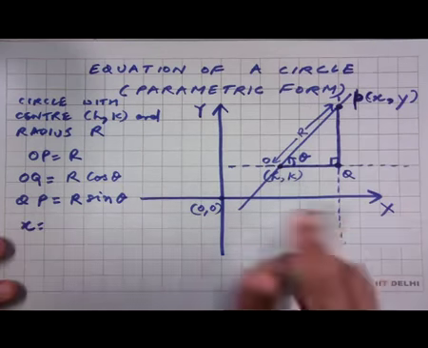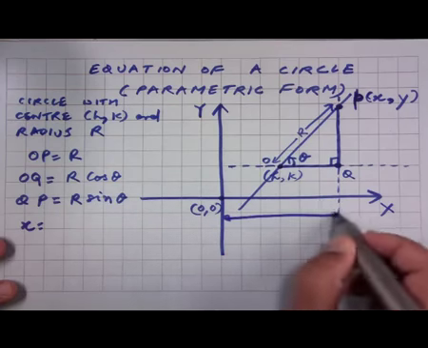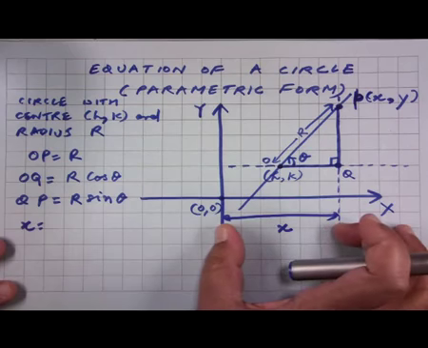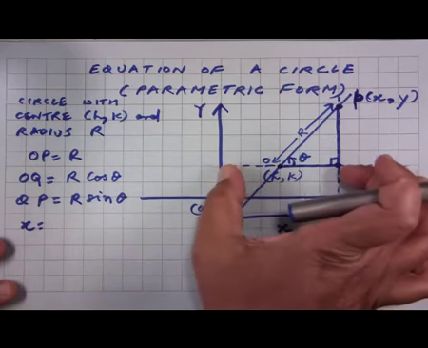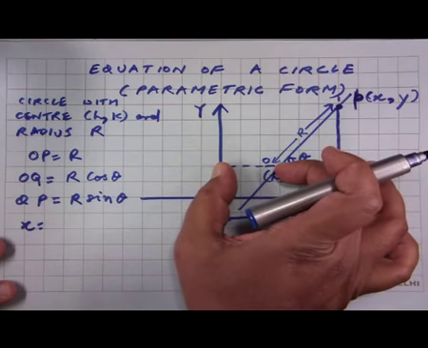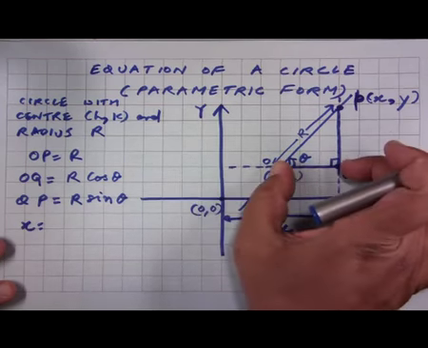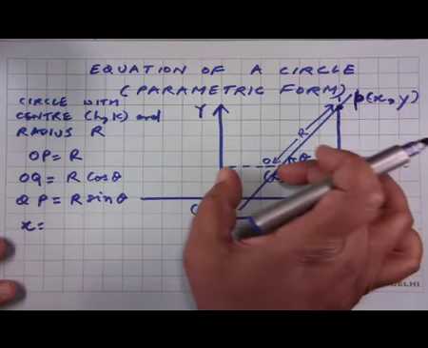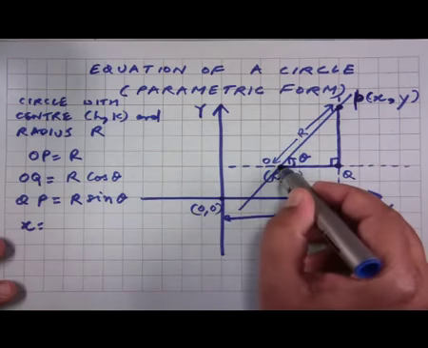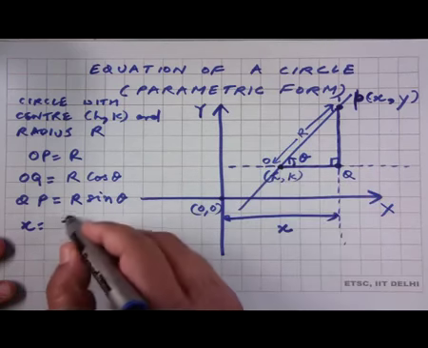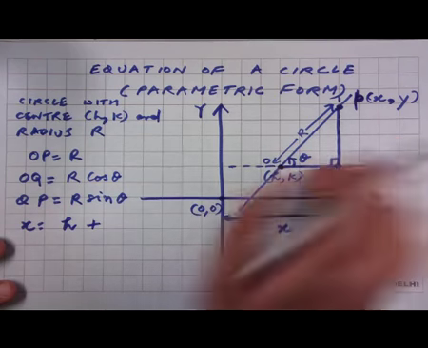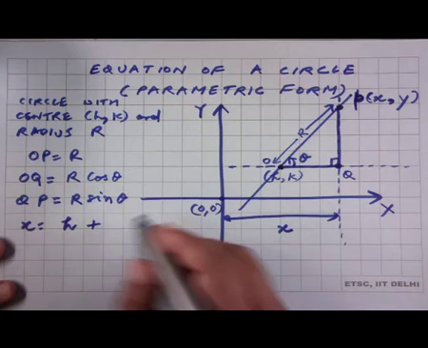The x coordinate is this much, this is x, but this x is nothing but this distance plus this. Therefore, x is equal to the x coordinate of the center, which is h, plus this distance OQ, which we have already found to be r cos theta.